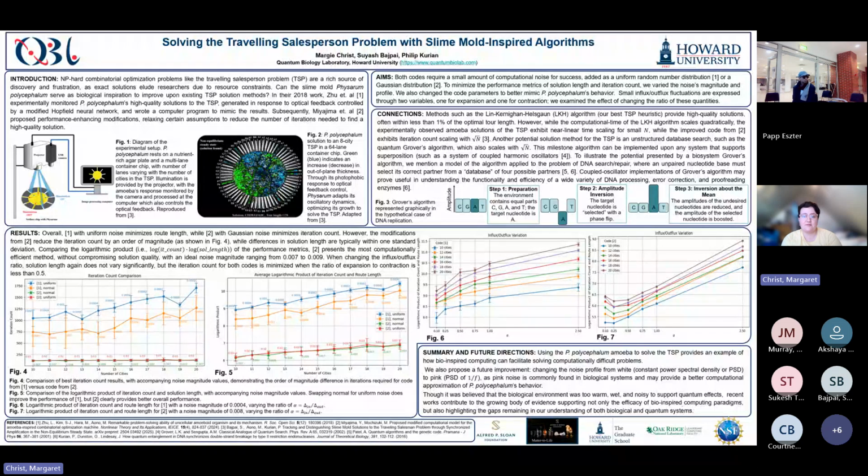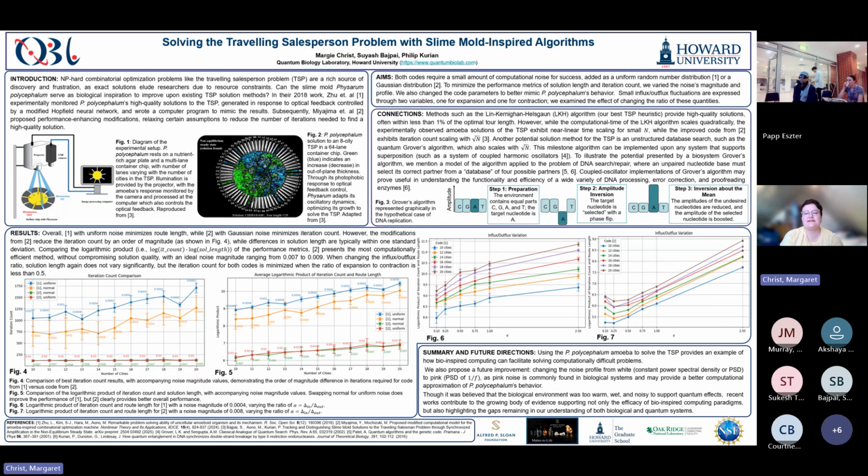And this connects back to biosystems by mention of a model of the algorithm applied to the problem of DNA repair, where an unpaired nucleotide base must select its correct partner from an equal superposition, essentially, of the 4 possible nucleotide bases.